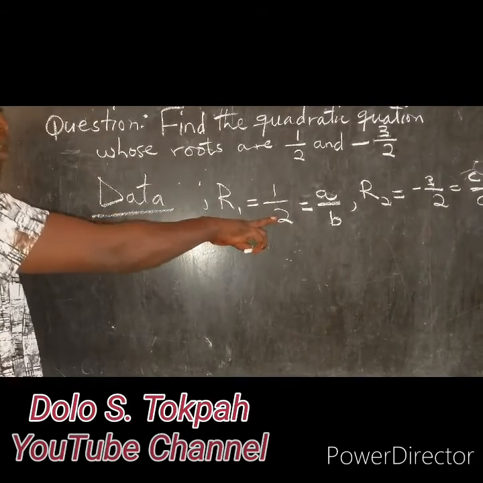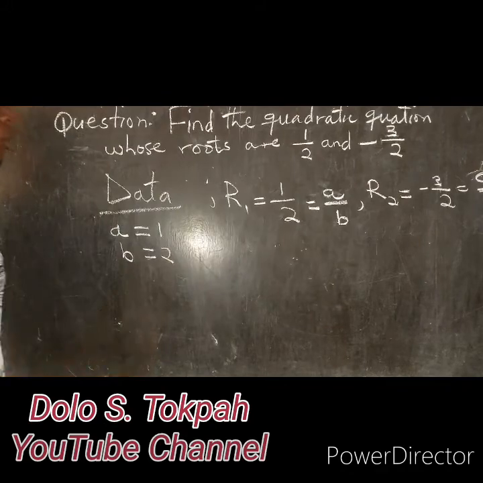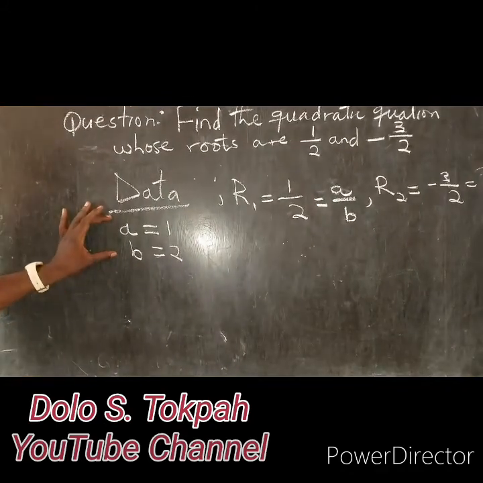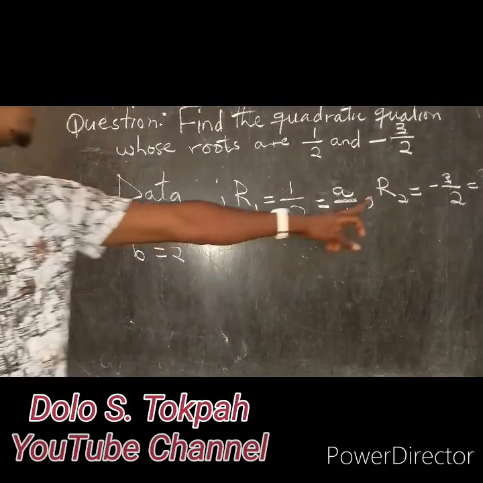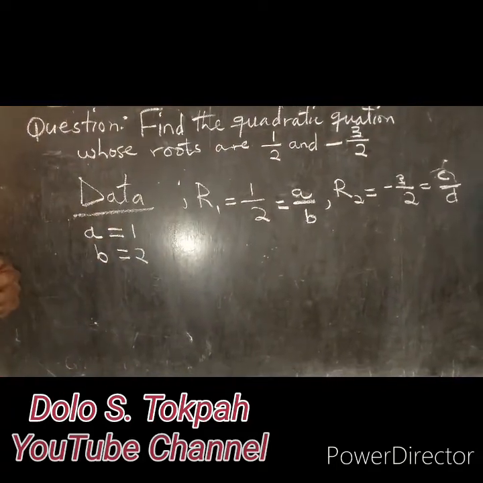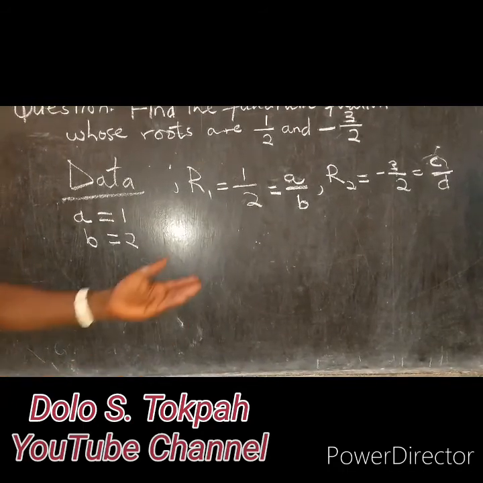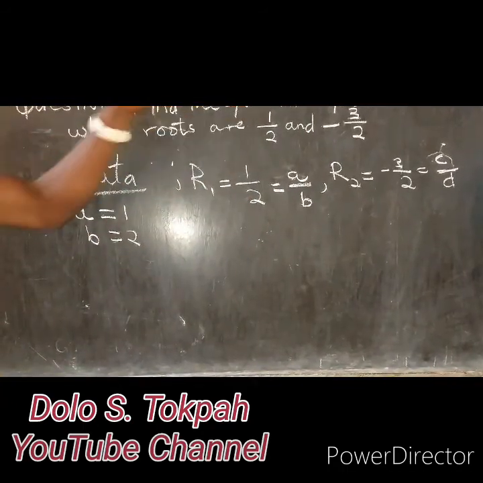The denominator of R1, which is B, is 2. Now we are done with the first root. Then we come to the second root, where we got -3/2, and we said we're expressing it as a fraction C/D.